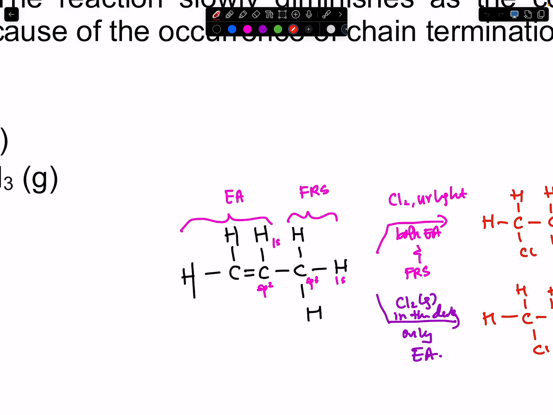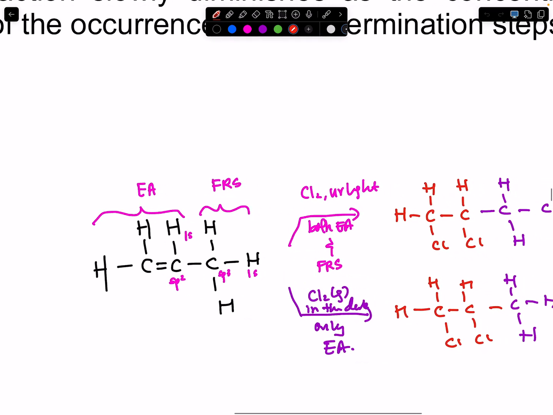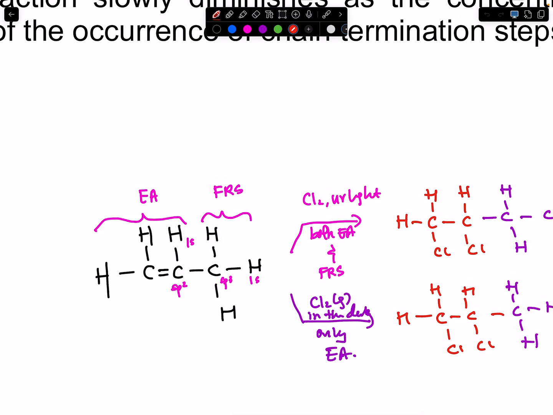But for your alkene molecule, he has an option: either you break the pi bond or you break the sigma bond. But breaking the pi bond is a lot easier compared to breaking the sigma bond, right? So therefore, alkenes tend to undergo addition rather than substitution. Understood? So because of that reason, when an alkene meets chlorine in the presence of UV light, both addition and free radical substitution can occur, because the addition reaction is light independent.